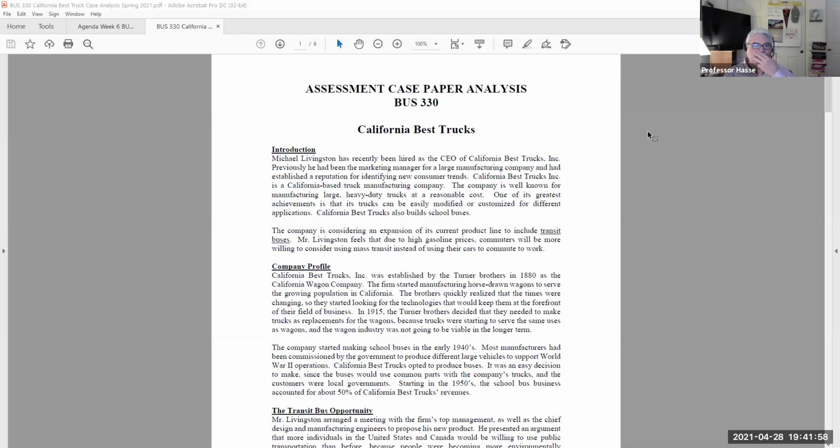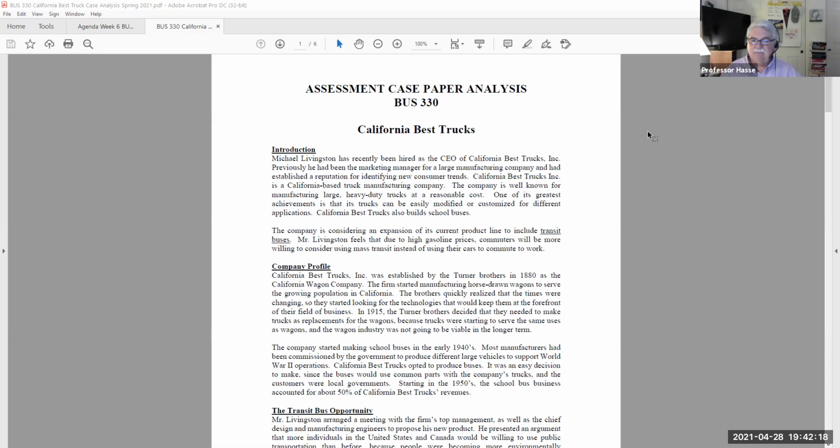In other words, you're going to be doing a capital budget interpretation or analysis on a product of a transit bus. And there are 2 buses you need to do. That means 2 capital budget analyses. A bus with a California engine and a bus with a Los Angeles engine.